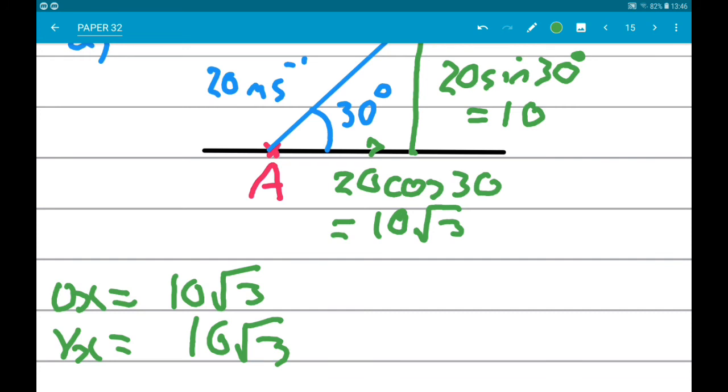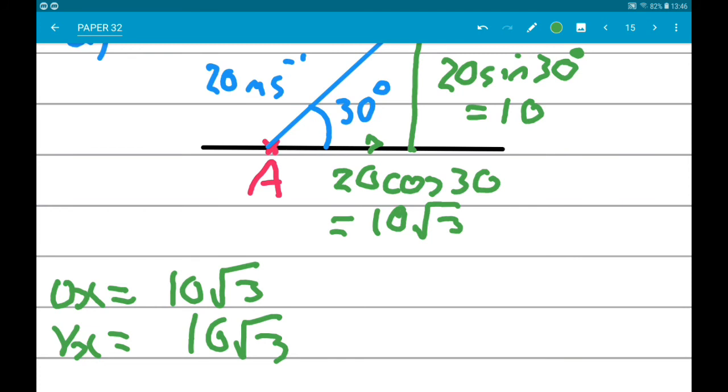Alright, now vertically, so uy, we know that's 10. Now, to find Vy, we're going to need suvat. So we're going to use v = u + at.